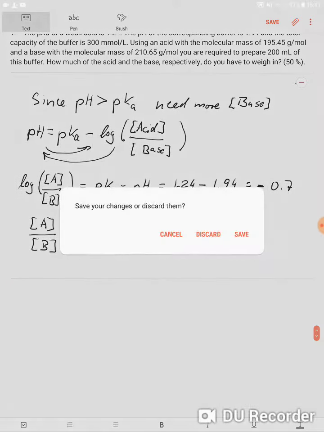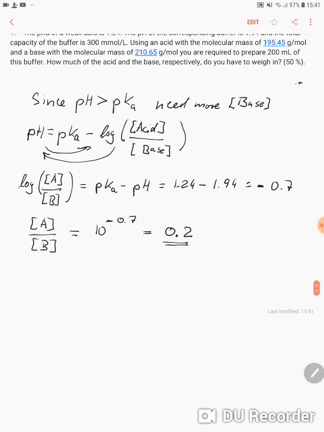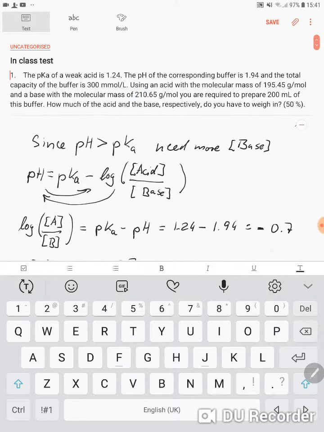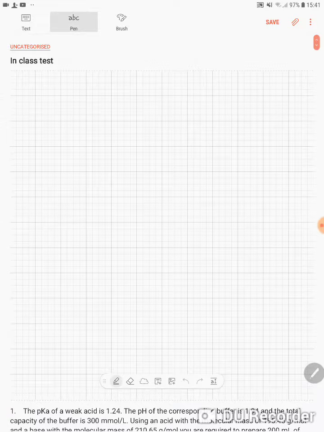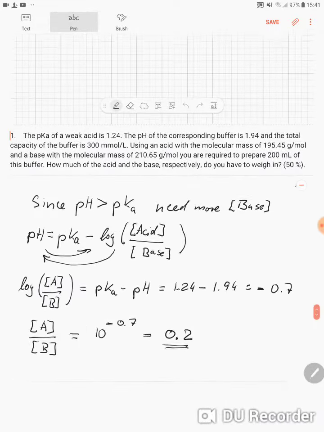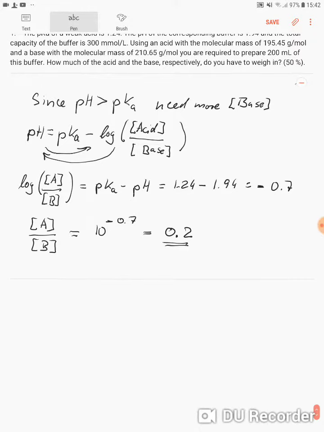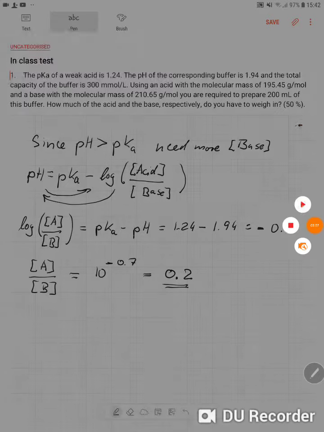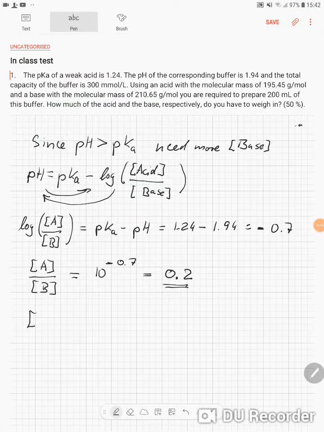In the first place, we can say that our acid plus the base concentration equals 300 millimolar, we know that.